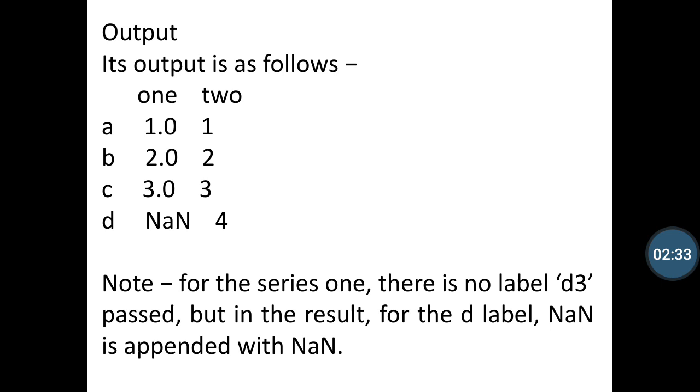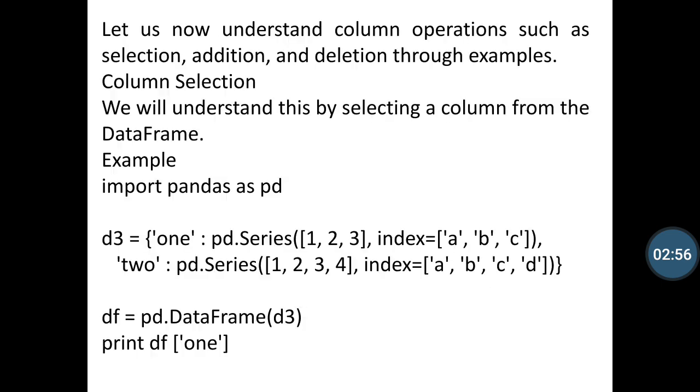The second key, which is named 2, has values 1 2 3 4. I am defining here a note for the series 1: there is no label d passed, but in the result for the d label, NaN is appended.